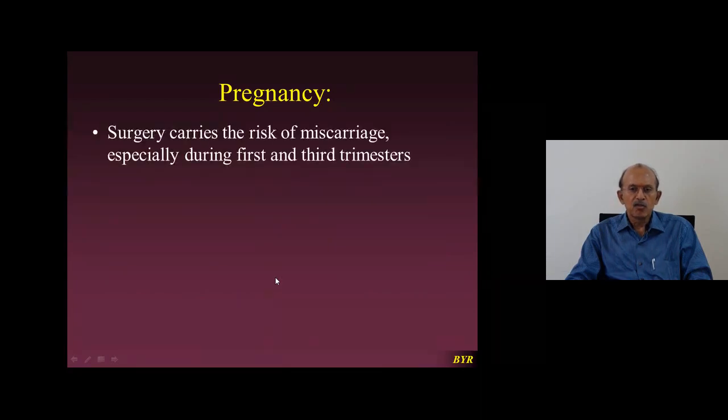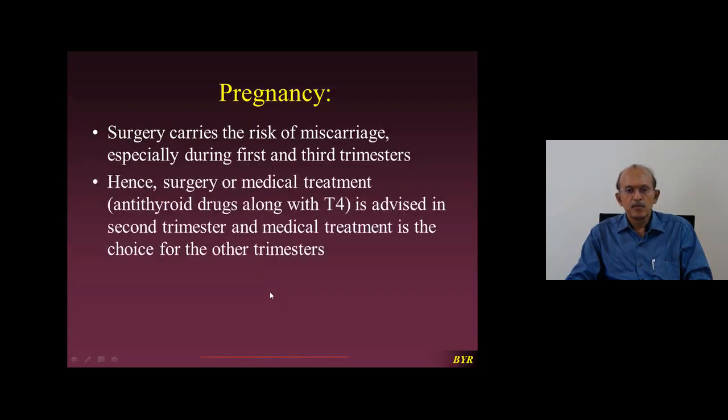Surgery carries the risk of miscarriage, especially during the first and third trimesters. Hence, surgery or medical treatment, that means antithyroidics with T4, is advised in the second trimester, and medical treatment is the choice for other trimesters. So for the first trimester, medical treatment.